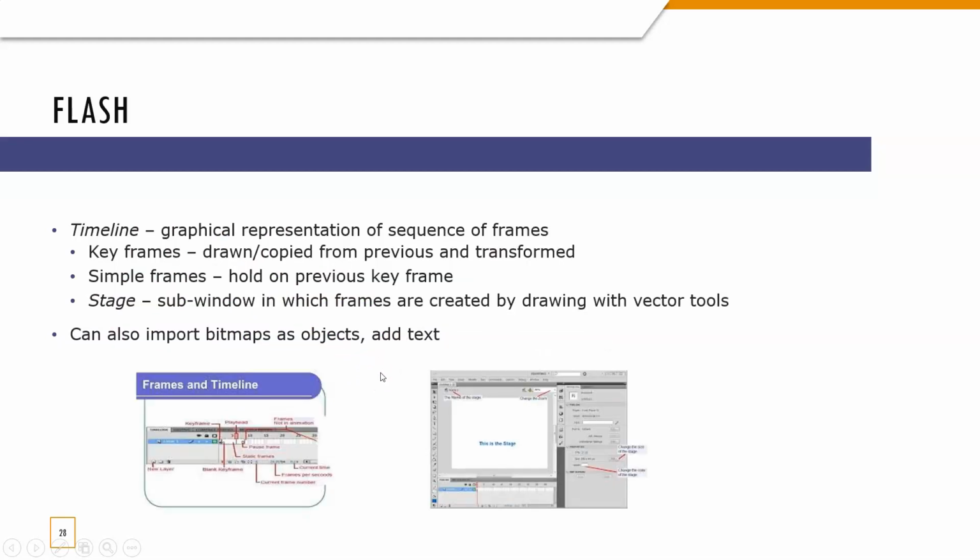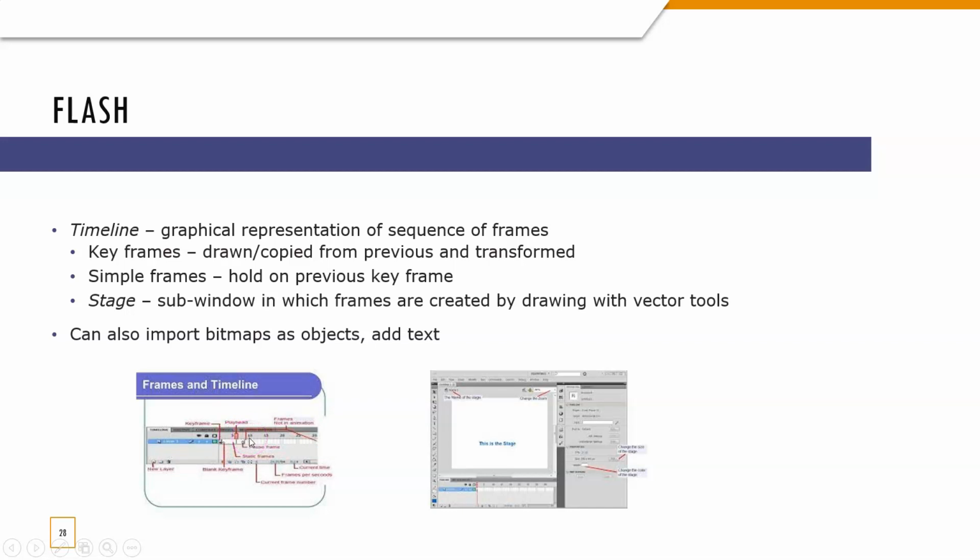Then we look at Flash. In your tutorial session, you will learn the Flash concept, the very basics, where we have the timeline. If you can see in the diagram here, this is the timeline concept, where you have the time: 1, 5, 10.